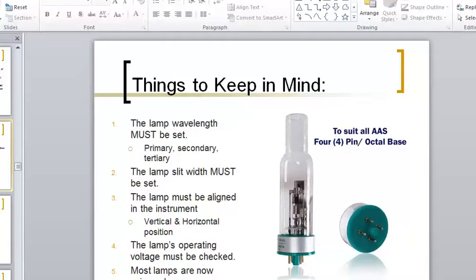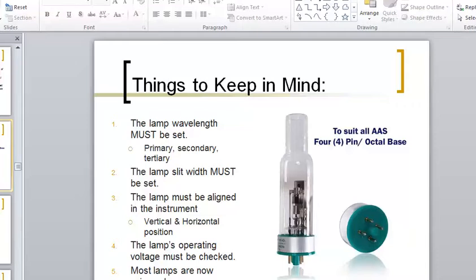Second, we talked about choosing the proper slit width that the lamp has to look through, as far as the keyhole width goes. We've also talked about alignment of the lamp. So you have to make sure that the vertical position is aligned the proper way and that the horizontal position is aligned the proper way. You also have to double check the lamp's voltage.